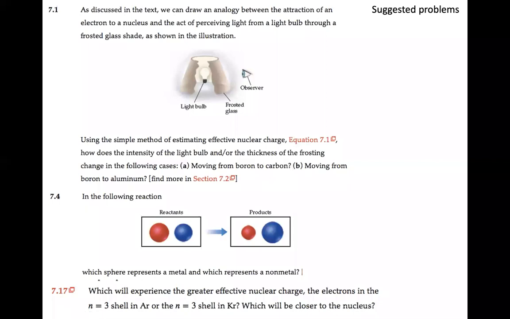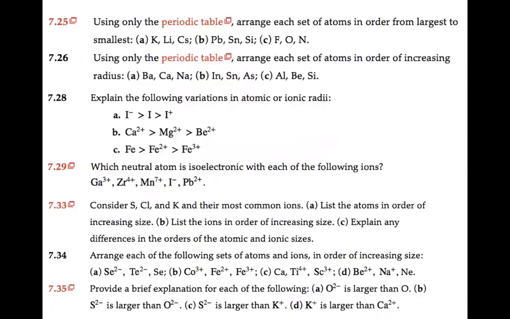This one at the bottom asks which would experience a greater effective nuclear charge: the electrons in the n equals 3 shell of argon or the n equals 3 shell in krypton, which would be closer to the nucleus. That's what we looked at the start of class, where we saw we could calculate the effective nuclear charge for an electron in any atom. It doesn't just have to be the valence electron.